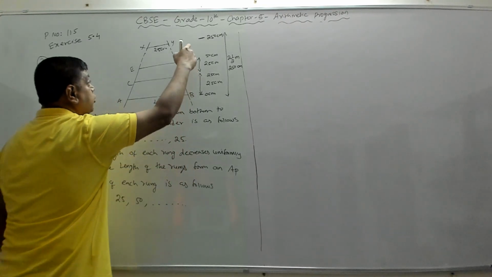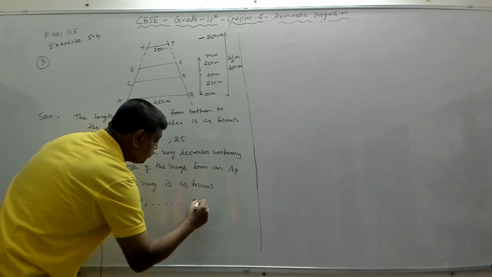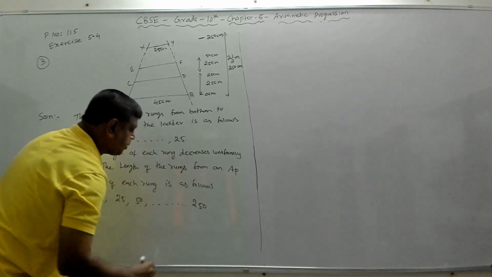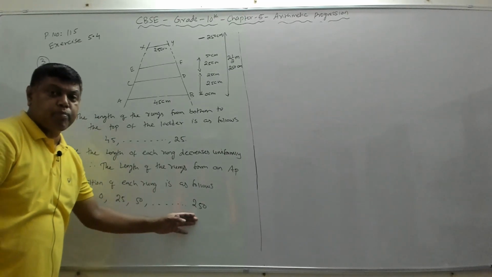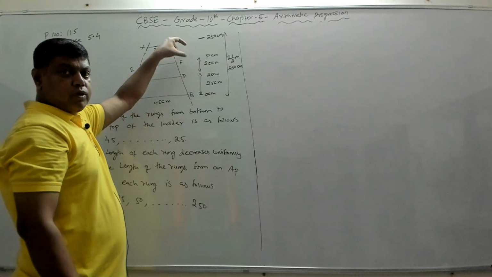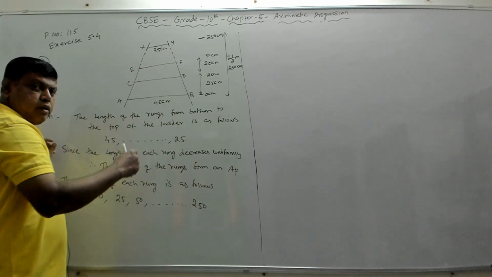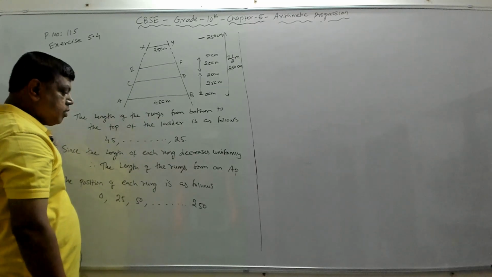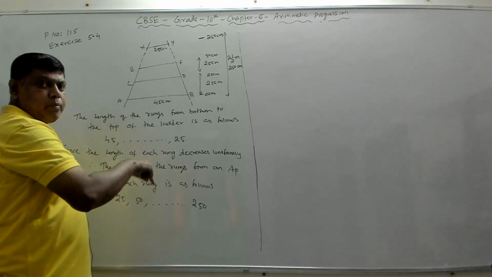The last rung, the topmost, is at the position of 250th centimeter. Now in this list of numbers, each rung is 25 centimeter apart, which means the position of each rung increases by 25 centimeter, which means this list of numbers forms an AP.